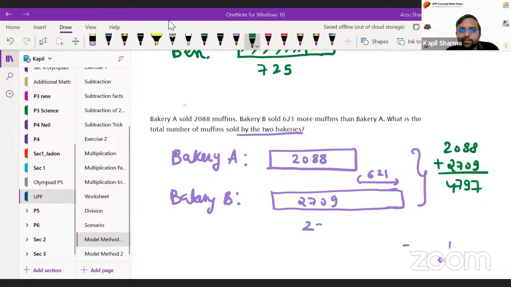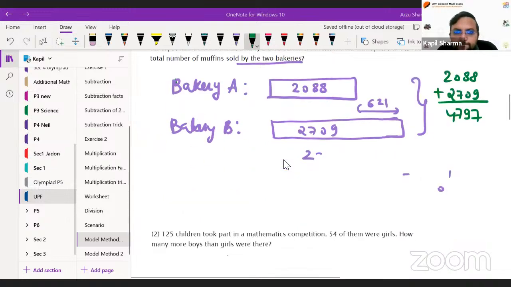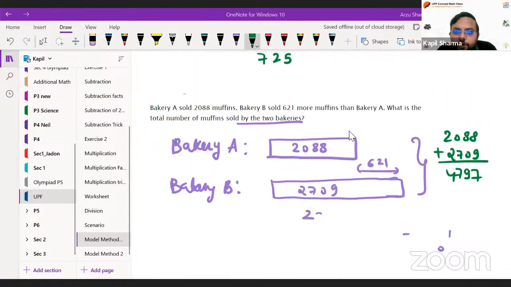Yes, Parth, Swastik, how did you get this number? Bakery B sold more muffins, not less. And then we have to find the total. Parth, yeah.